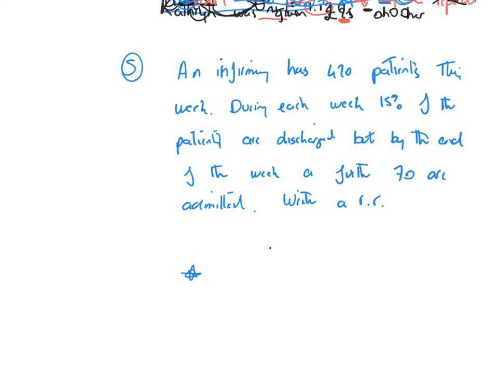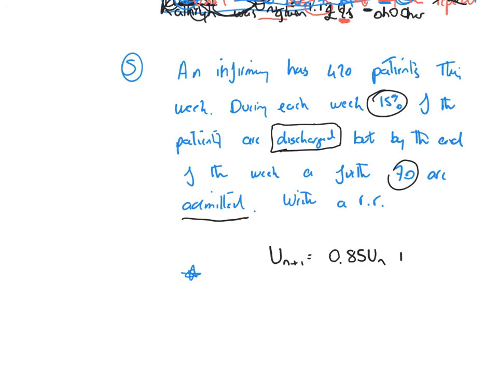Okay, Un+1. Okay, 15% of the patients are discharged, so they get out of hospital, which means 85% still remain. Now, what does it then say? Does it say another 70 exit the hospital? No, another 70 are admitted, so that's added into the population, plus 70.